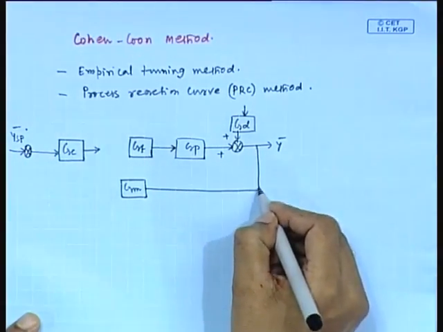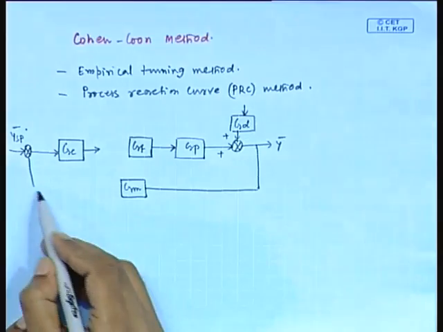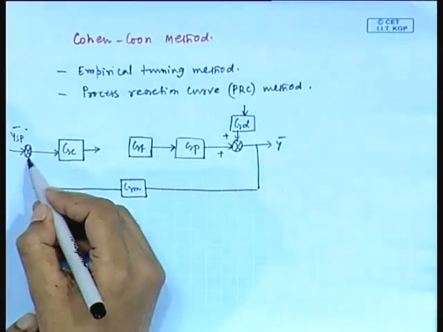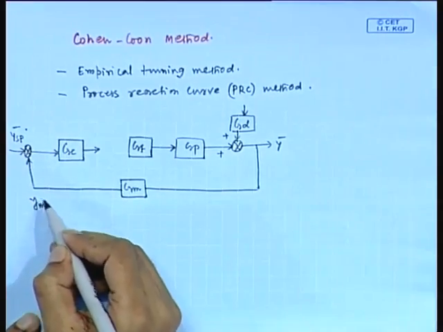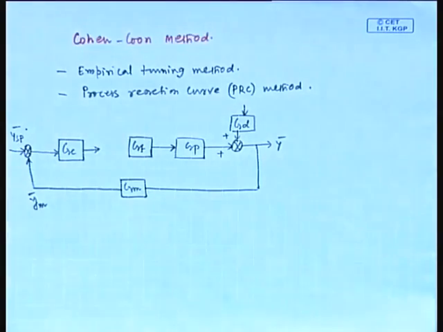This process output is connected with the block of measuring device, and the measuring device output is Ym bar.